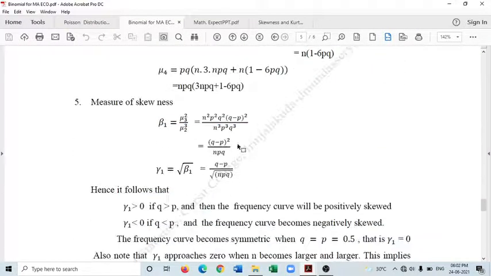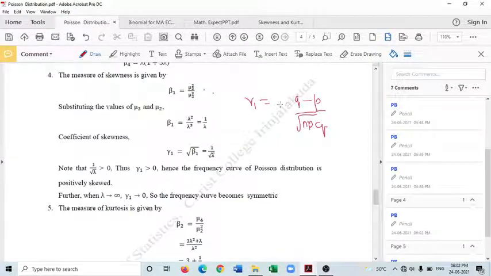You can see that it is q minus p by root npq. So there are three different instances: q greater than p, q less than p, q equals p, that make gamma 1 positive, then negative and equal to 0. So the skewness of binomial distribution depends on the values of q and p. Here, nothing like that. Here it is always greater than 0, so it is always positively skewed.